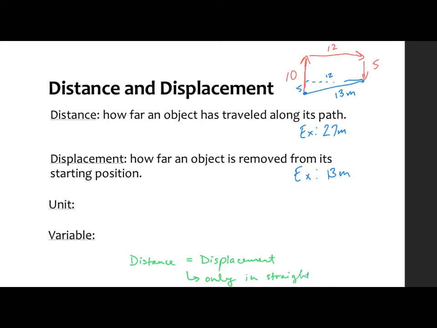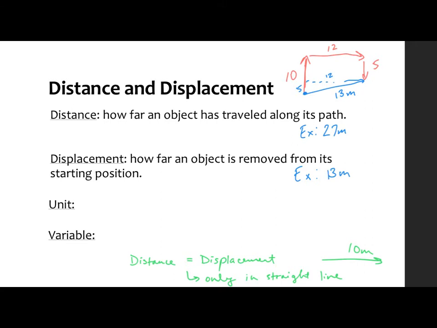So if you're only traveling this way, 10 meters, and you end there, that's just a straight line. They mean the same thing. You move 10 meters, and you're also 10 meters away from your starting point. So that's the only scenario where they're the same. The previous example I started out with has changes in direction. So that's the time when they are different.